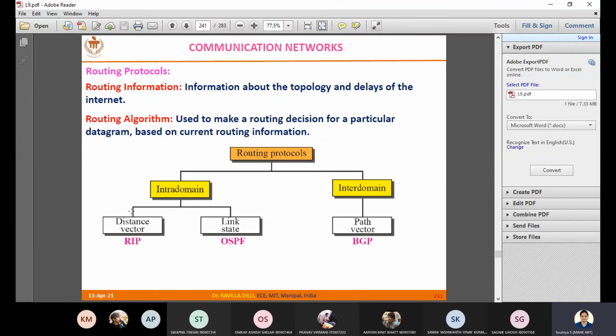Under intra-domain you have got distance vector routing and link state routing. Remember, they were algorithms that you studied earlier. The protocols that implement these algorithms are these: RIP and OSPF, and path vector, which is BGP.